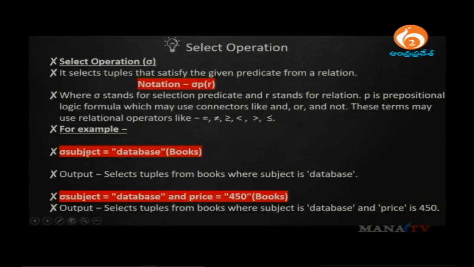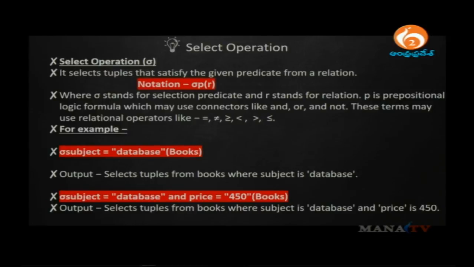For example, if I am writing subject equals database from books, what is the output you will get? It selects the tuples from books where the subject is database. Understood now? Books is a table name. In the books table I have a number of tuples, but I do not want all of them. I want the tuples whose subject is database.